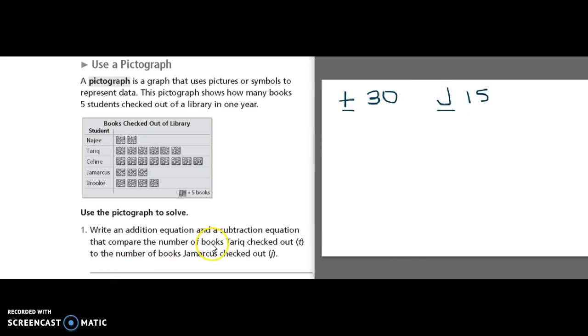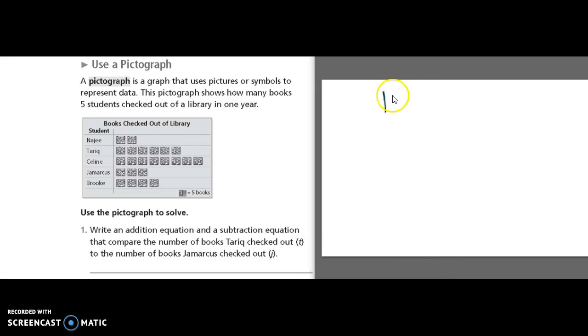Since I'm working with addition and subtraction, I'm going to find the difference between these two. What is 30 minus 15? I know that is going to equal 15. So the number that I'm using is 15, because I found the difference between these two numbers. So we are going to come over here and write our equation.